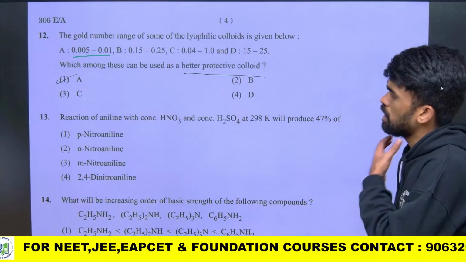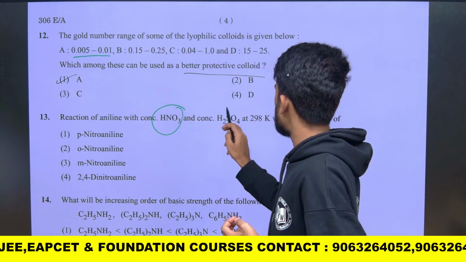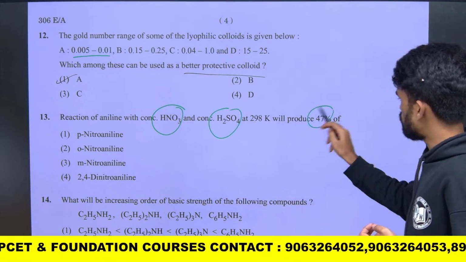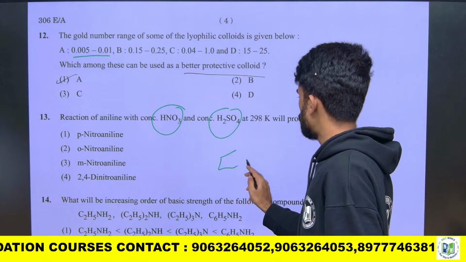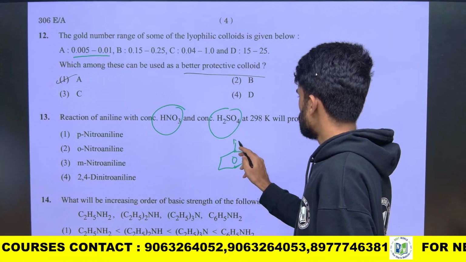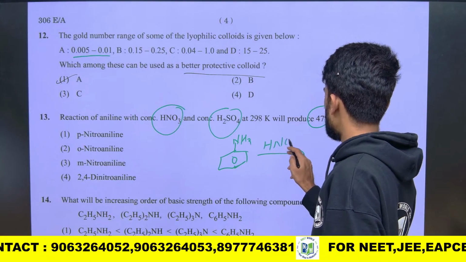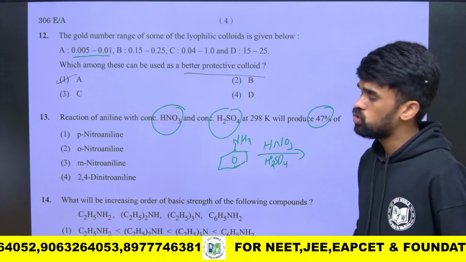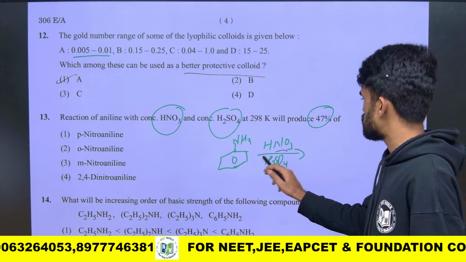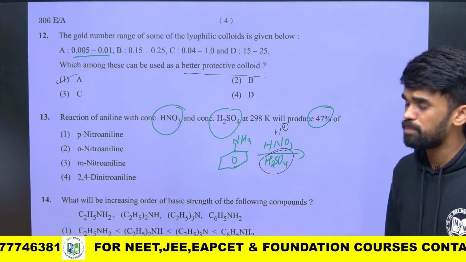That's it. Okay. Next, the reaction of aniline with HNO3 and sulfuric acid will produce 47% of. Remember, if we take aniline and we are treating this with HNO3 and sulfuric acid, this is nitration of aniline. During this process, this acidic medium releases H plus, and aniline is a basic compound.